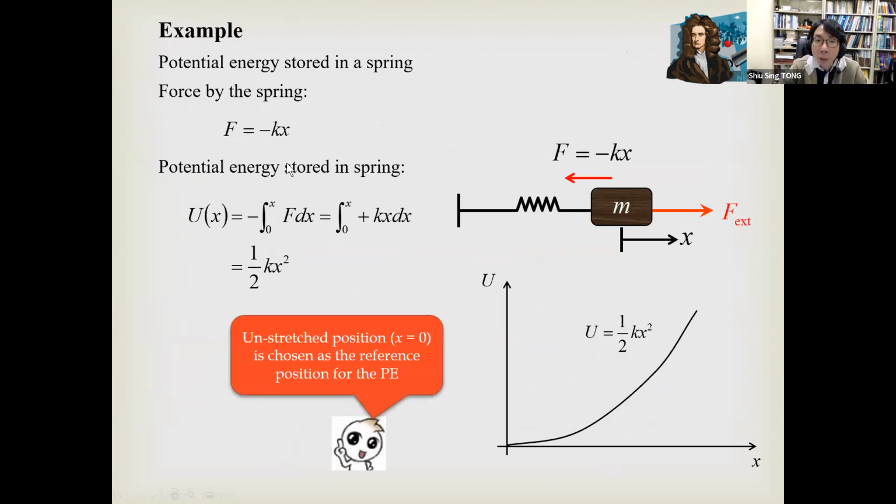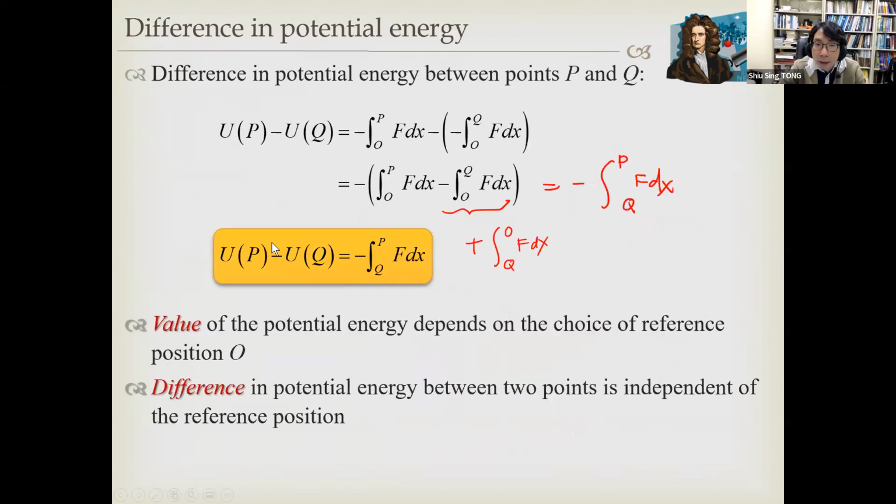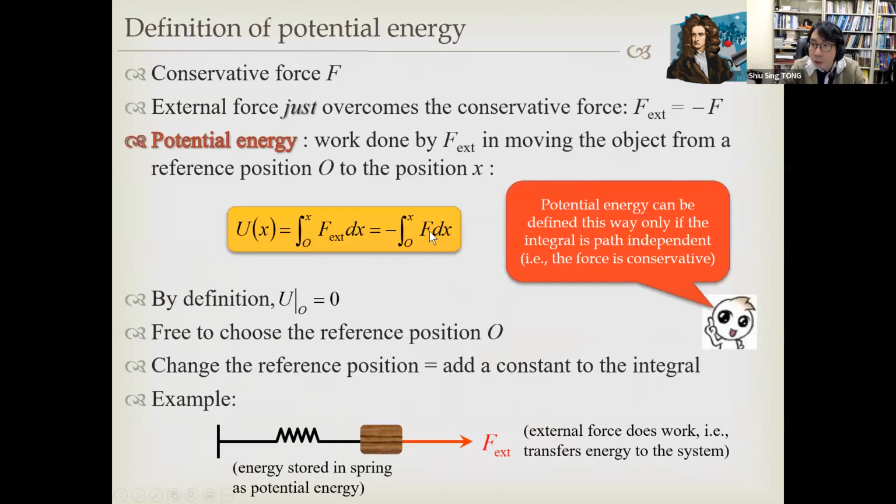Now let us go back to the spring. A spring has a conservative force, and that is given by minus kx. And now we want to calculate the potential energy that the spring gains if I stretch the spring by an external force. Okay, so now I use the standard formula. The standard formula says I can work with the conservative force itself, but with a minus sign. Now, beware of the minus sign. The minus sign carries a meaning.